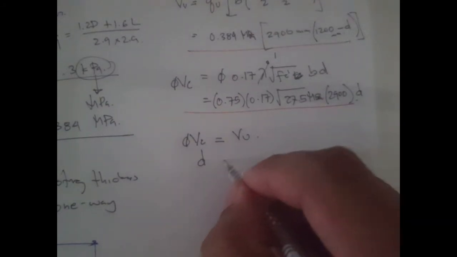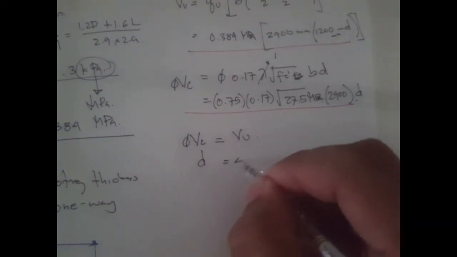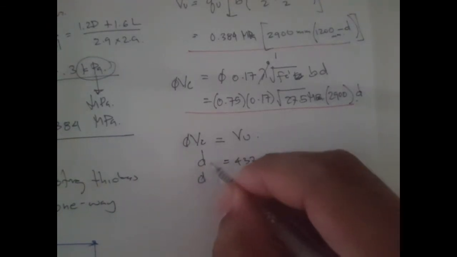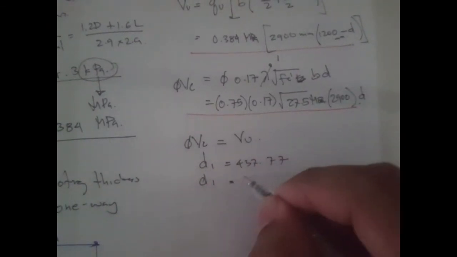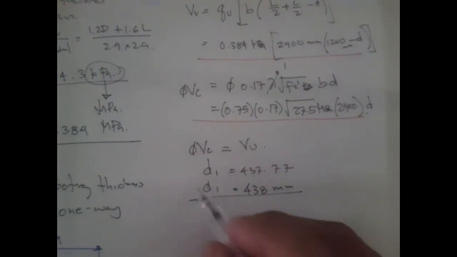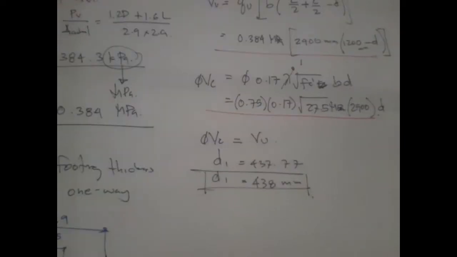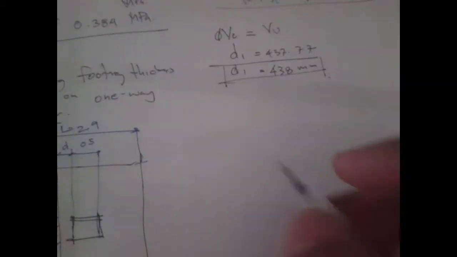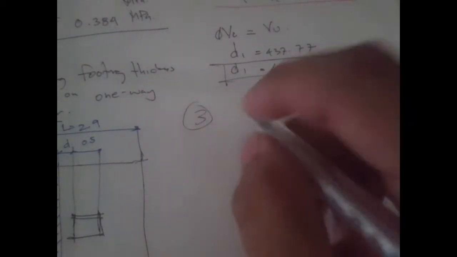So the depth is equal to 437.77. So our depth, d1, is equal to 438 mm. So that's for our one-way shear. Next, we'll check the two-way shear.